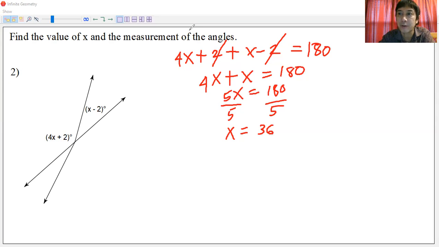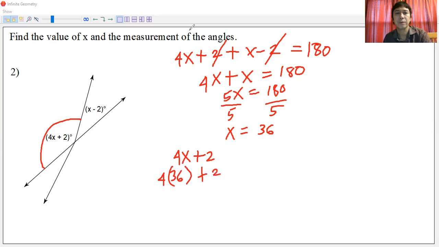We're about to solve for the measurement of the angles. Let's do this first. What is 4x plus 2? 4x plus 2 means 4 times 36 plus 2. So that's 36 and 36, 72, and 72, that's 144 plus 2.